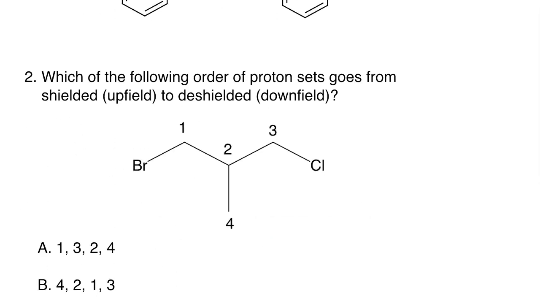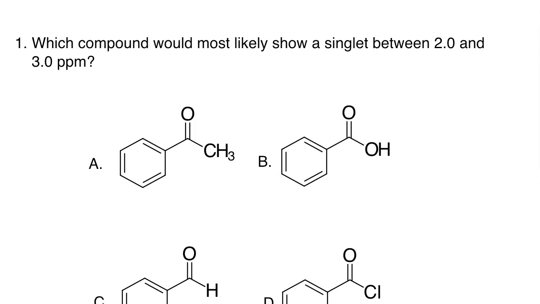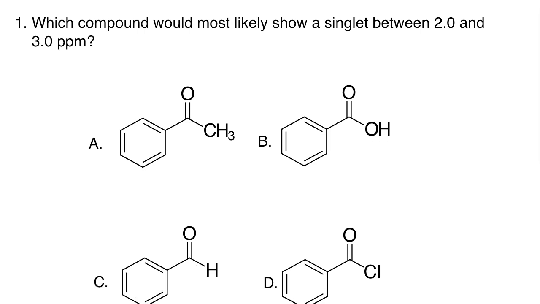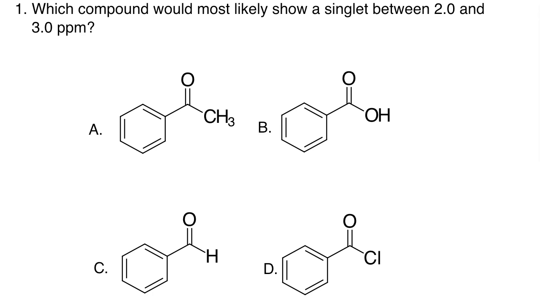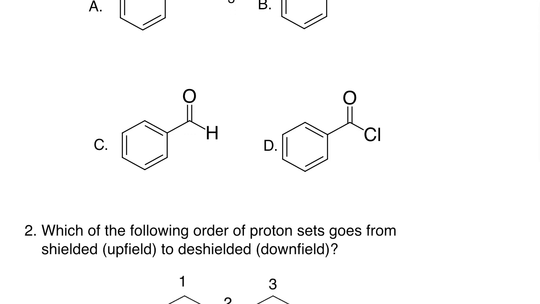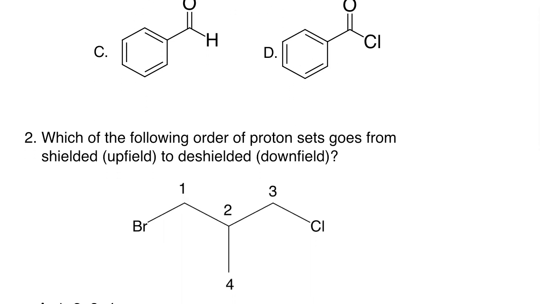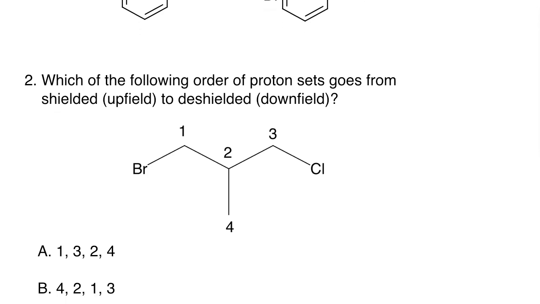So I'm going to scroll one more time through these questions just slowly so you have a chance to make any notes or pause the video at a certain point if you need to. So again, number 1, which compound would be most likely to show a singlet between 2.0 and 3.0 ppm? Number 2, which of the following order of proton sets goes from shielded upfield to deshielded downfield?